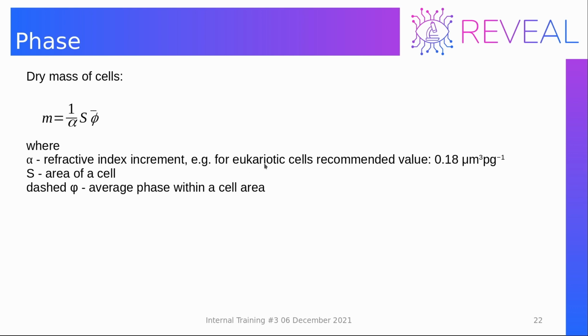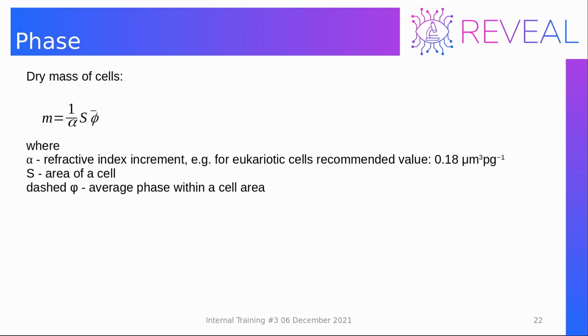It is a constant value, but you have to pick it before this calculation. And this is the value that associates the phase delay with the dry mass distribution. This refractive index increment you take from tables, it is described for different substances.